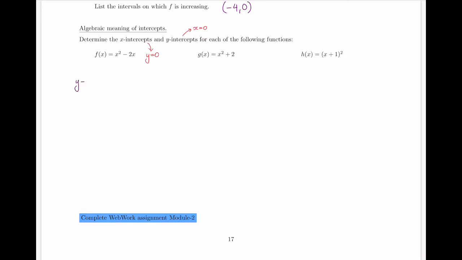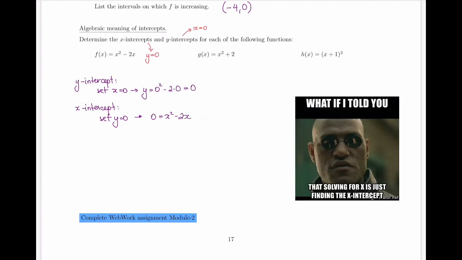So let's look for the y-intercept first. I'm going to set x to be 0, which will result in y equals 0 squared minus 2 times 0, or 0. For the x-intercept, I'm going to set y to be 0, which will then result in 0 equals x squared minus 2x.